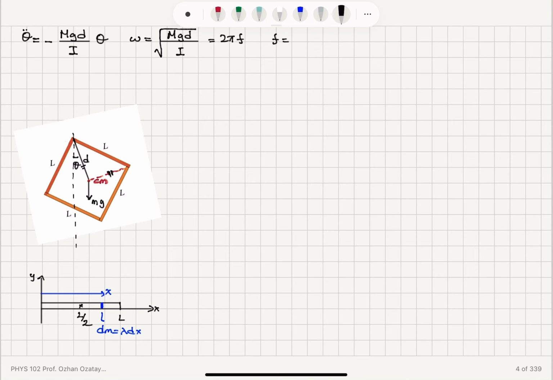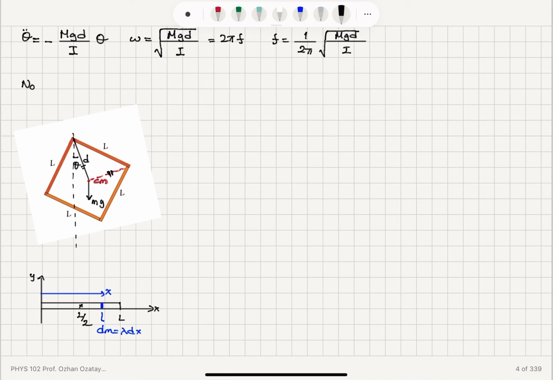Therefore, the frequency will be 1 over 2 pi square root of mgd divided by the moment of inertia I. Okay, so now we're going to concentrate on this pendulum.